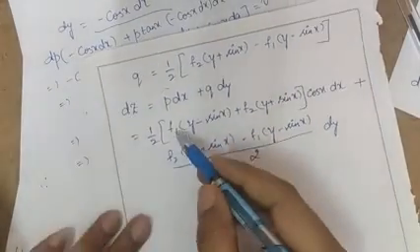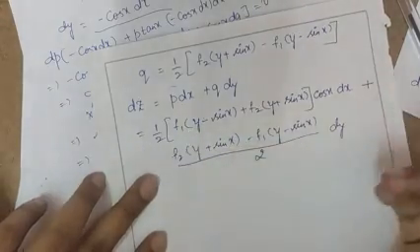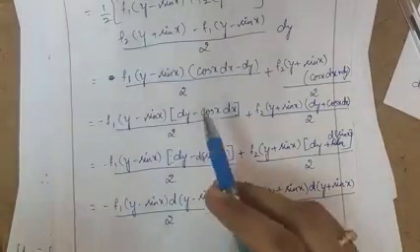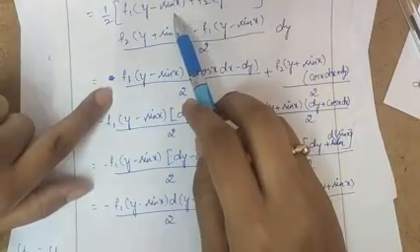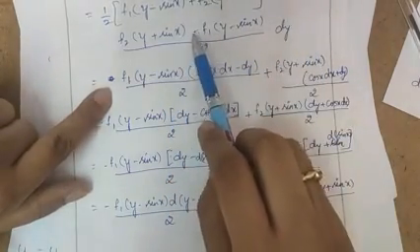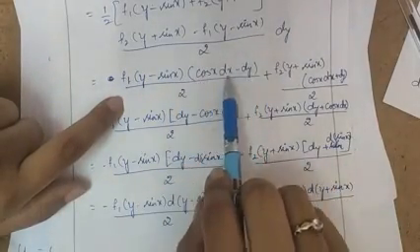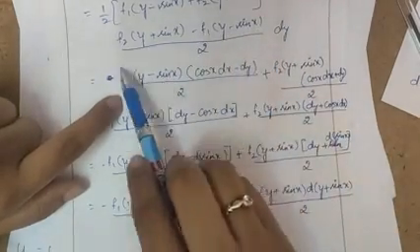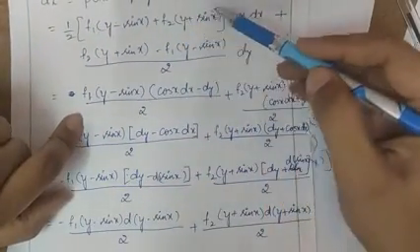Okay, so I will write f1 terms on one side and f2 terms on the other side. I have taken f1 terms on one side, so it will become f1 into y minus sin x into cos x dx minus f1 into y minus sin x into dy, that is cos x dx minus dy. f1 of y minus sin x is common, whole divided by 2, plus f2 into y plus sin x.